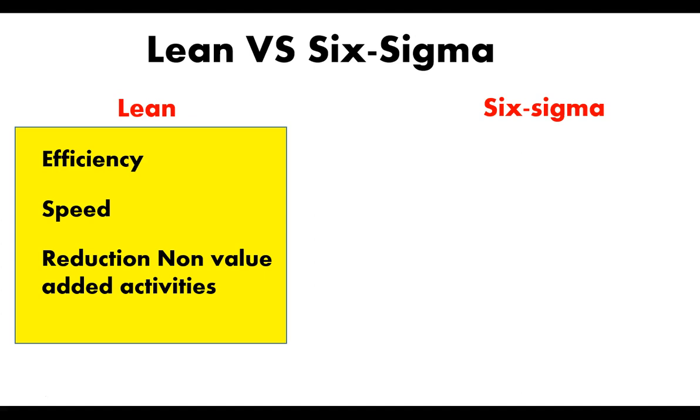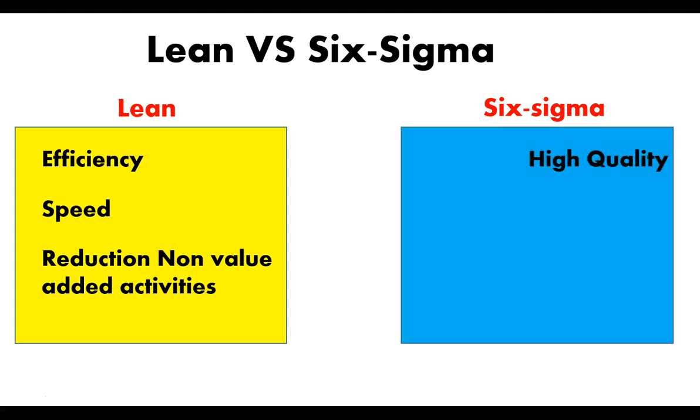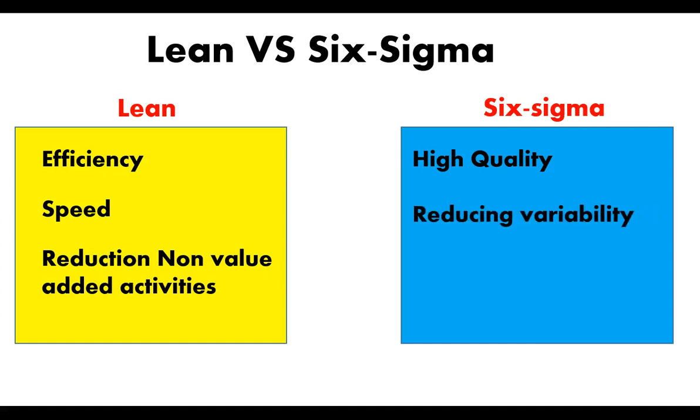Now, how is that different from Six Sigma? Well, Six Sigma in the blue is more about quality. It's about increasing quality, you're worried about what it is you're going to do in order to make the best product that you possibly can. It's also about reducing variability, being able to minimize or reduce how much standard deviation you are moving from a mean. And it's also heavily into problem solving or finding the root cause of different issues.